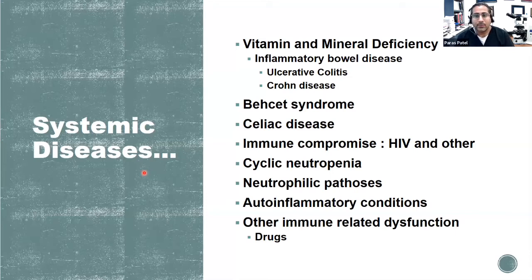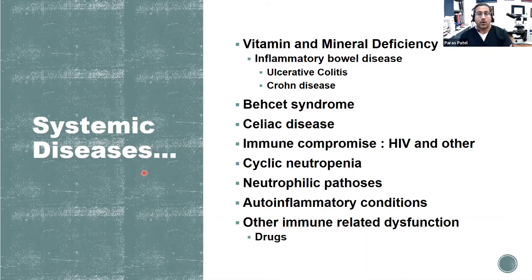Okay, Behcet syndrome is a disease process that we'll discuss. It is a specific inflammatory condition in which you develop a vasculitis. Celiac disease and gluten intolerance has some genetic components to it that can result in oral ulcerations. Immune compromise states, whether it be through HIV and AIDS or topical immunosuppression or systemic immunosuppression, more so with systemic immunosuppression for patients who have autoimmune diseases and things like that.